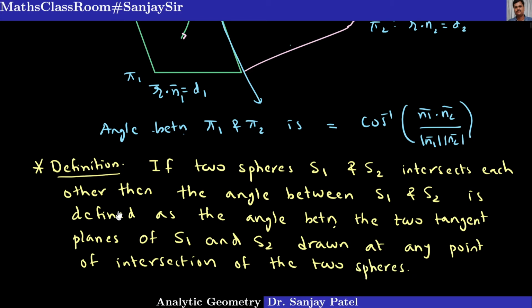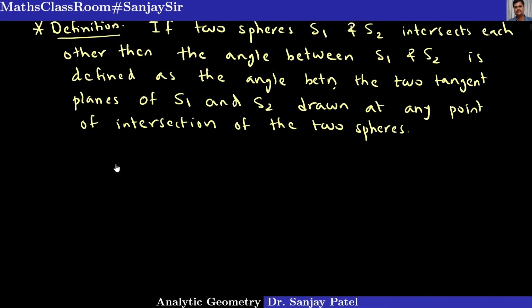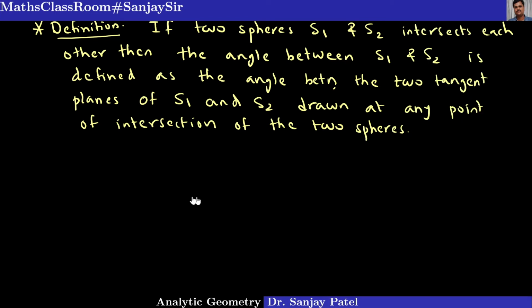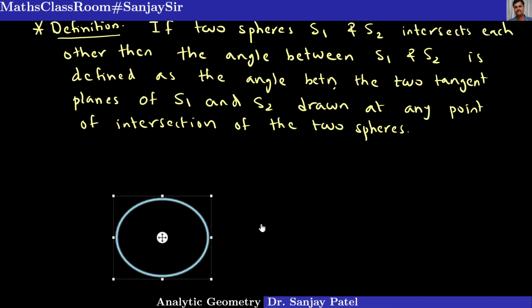So what is the meaning of this definition? If we have two spheres, both intersecting, this is one sphere, and let me take another sphere.